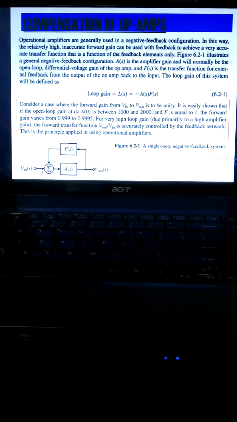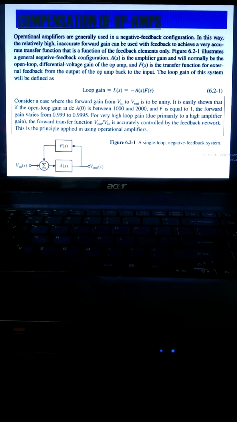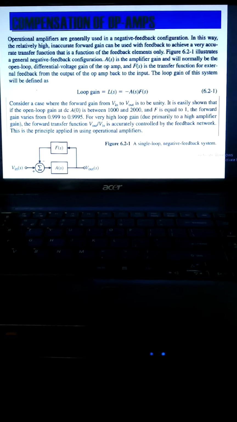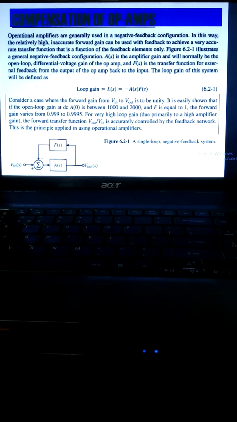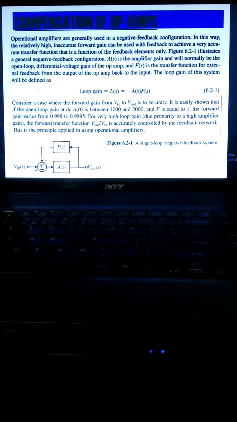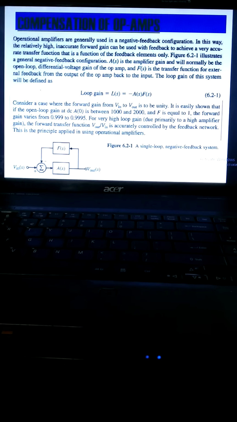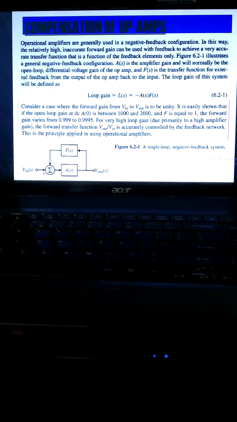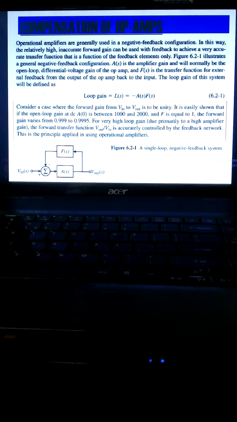Why is it voltage in an op-amp? Because the op-amp gives, for whatever voltage we apply at the input, an output voltage. We could apply any type of power or current instead of voltage, but here, whatever op-amp we design, the output and input should be voltage. So the transfer function is also output voltage by input voltage. This type of principle is applied in the op-amp.